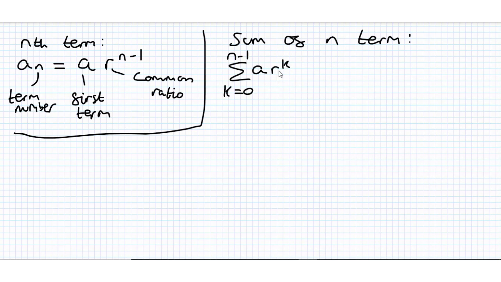Okay, that's the sum of the first n terms, and that's equal to a(1 - r^n) over 1 minus r.